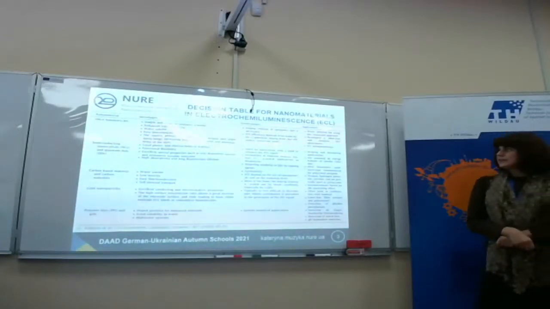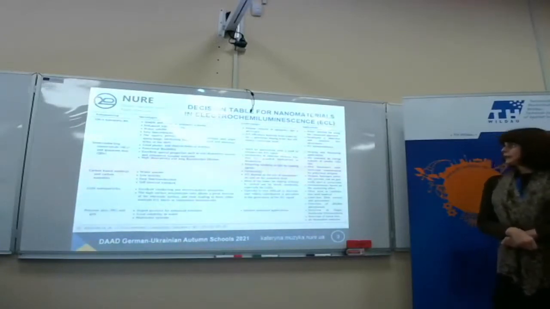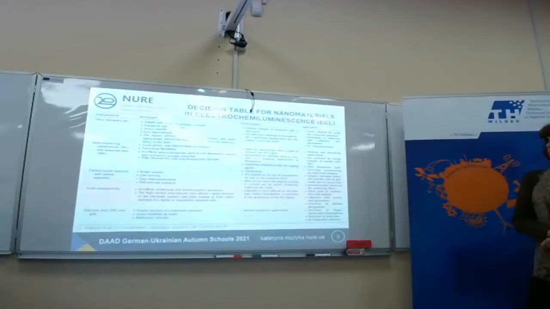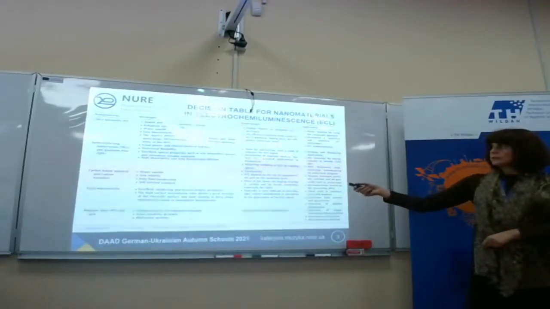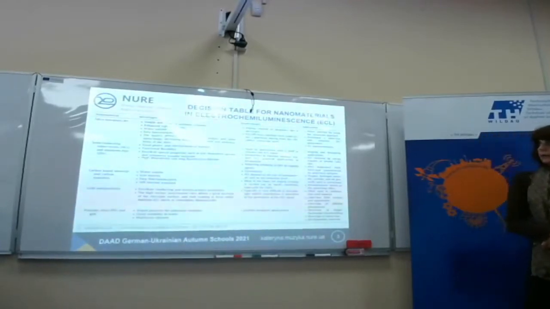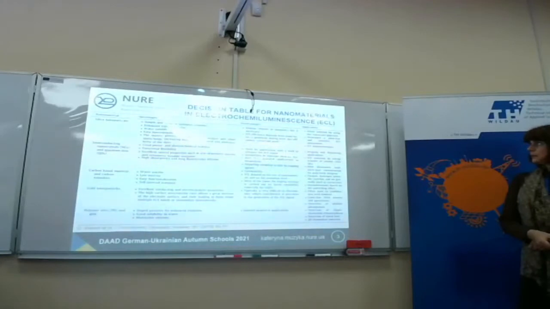As you can see, this is a decision table for nanomaterials in electrochemiluminescence. For example, silicon nanoparticles, as well as semiconductor nanocrystals, carbon-based materials, gold nanoparticles, and polymer dots, have advantages and disadvantages.